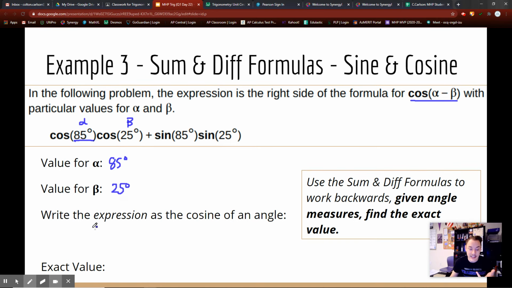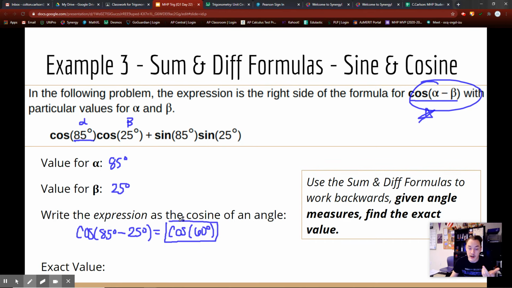It's asking cosine of 85 degrees minus, because that's the formula I'm using right here, look up top, minus my beta, which is 25 degrees. And this equals, well, 85 minus 25 is just cosine of 60 degrees. So that's really the expression that I'm trying to find.